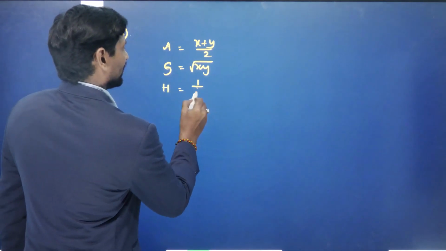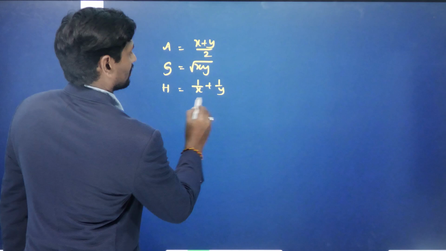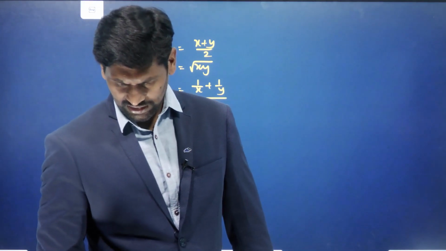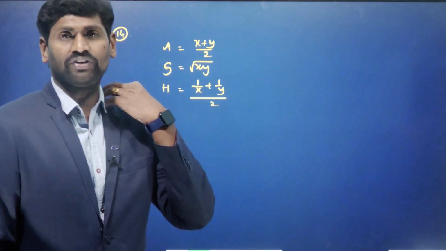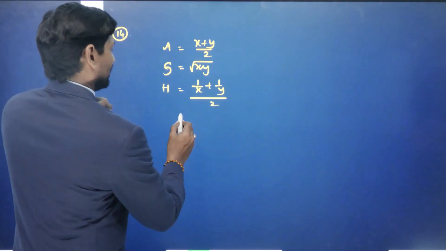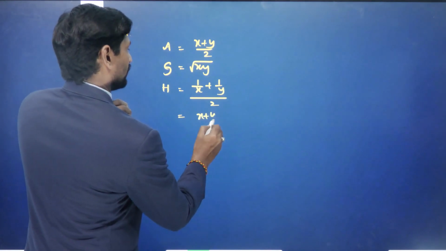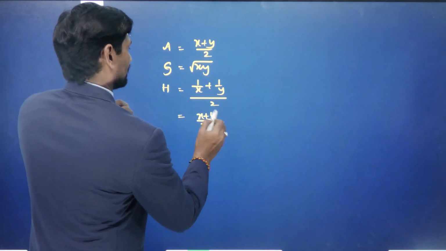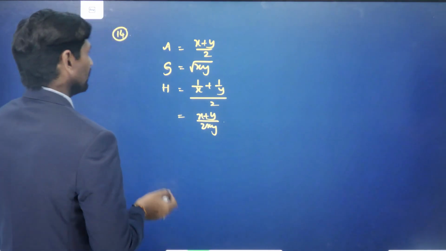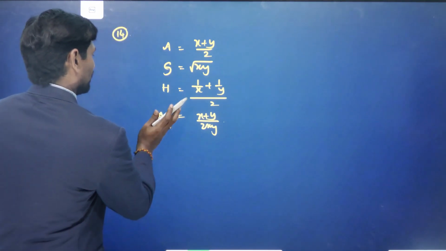H is the average of the reciprocals. By using this condition, we can write this as (x plus y) by 2xy. Am I right? Yeah, now this is the value of H.